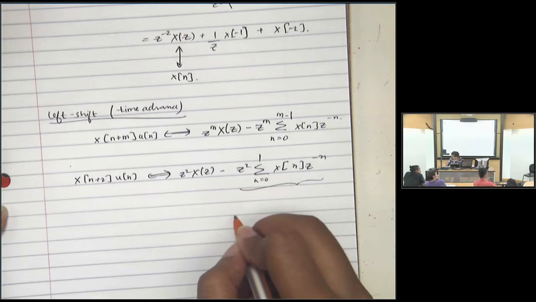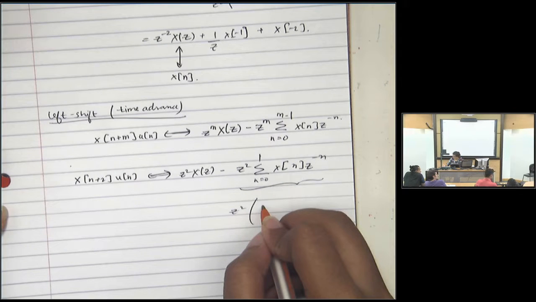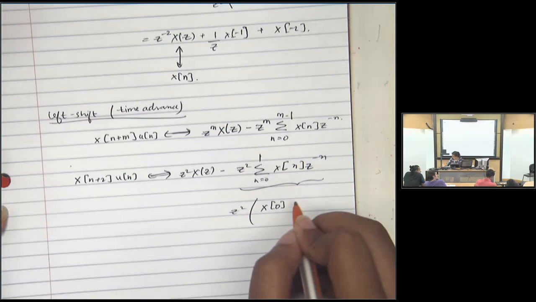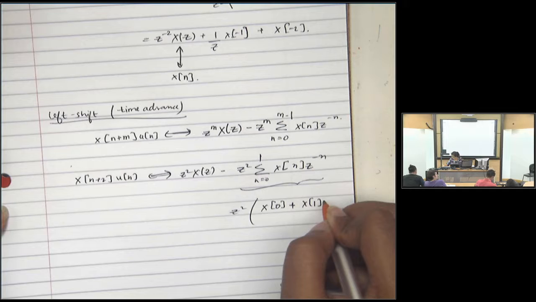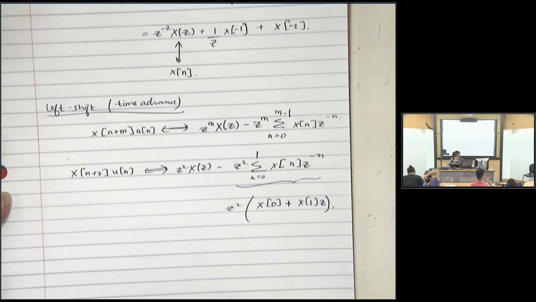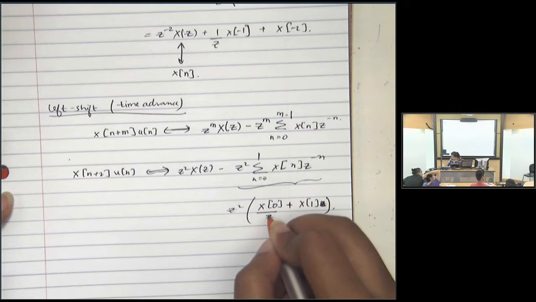This translates to z square multiplied with x of 0 plus x of 1 z. Wait a second, x of z minus 1 because we have negative there. Oh, sorry. Yeah, so this is over z and this is over z.